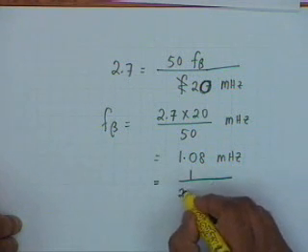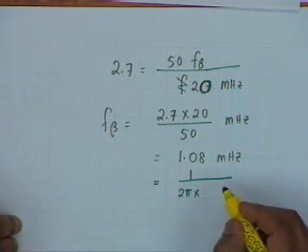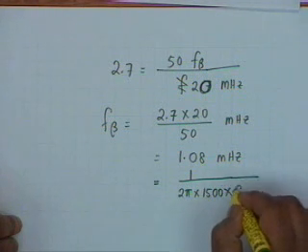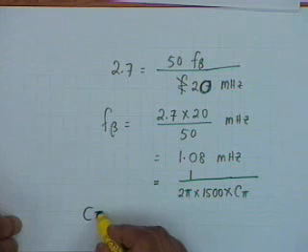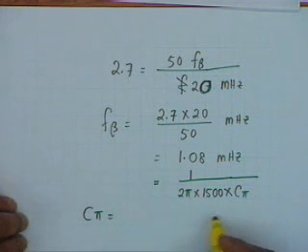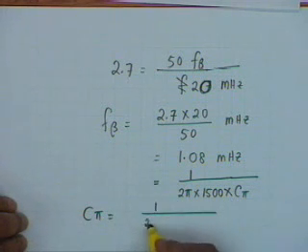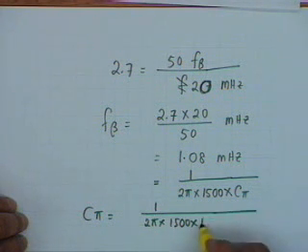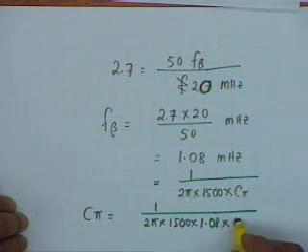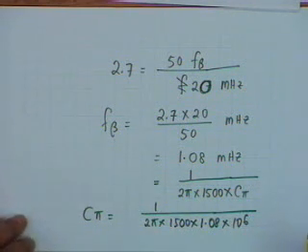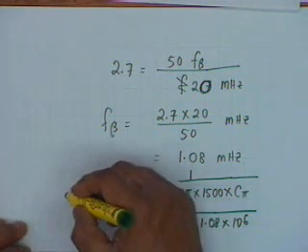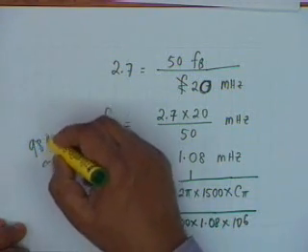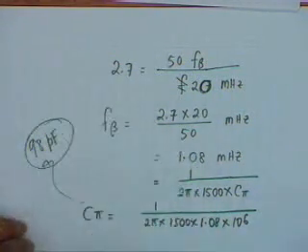This is your f beta, and if you know f beta, then you can find out c pi. F beta after all is 1 over 2 pi times r pi, which is 1500, and c pi. Therefore c pi is equal to 1 over 2 pi times 1500 multiplied by 1.08 times 10 to the 6, and this calculates out to approximately 98 picofarad.